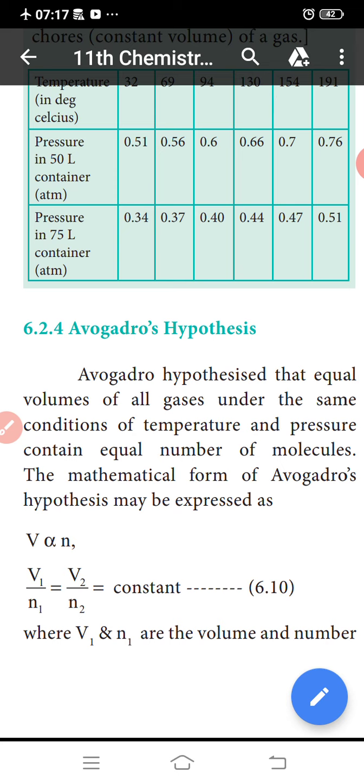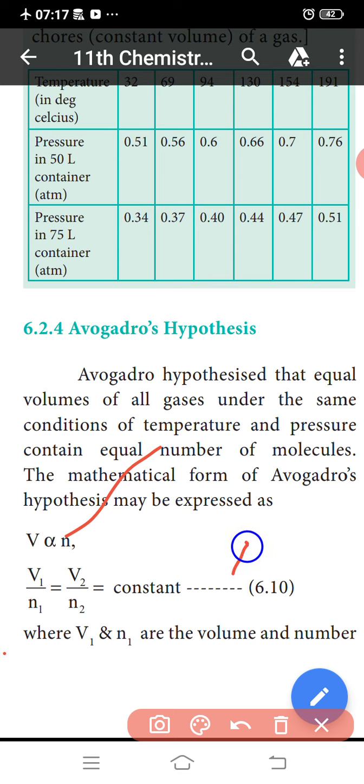So V is directly proportional to N. So V1 divided by N1 is equal to V2 divided by N2, which is equal to a constant, where V1 and N1 are the volume and number of moles of a gas, and V2 and N2 are a different set of values of volume and number of moles of the same gas at the same temperature and pressure. This is called the Avogadro hypothesis.